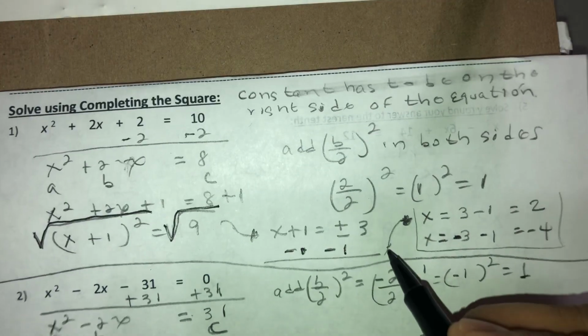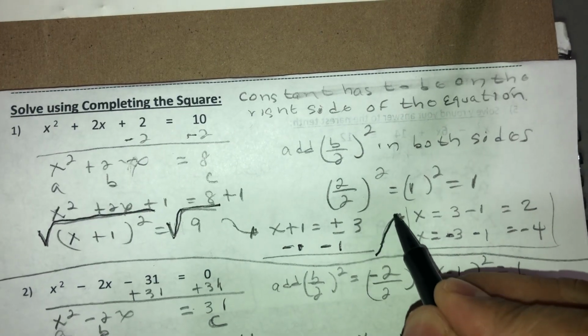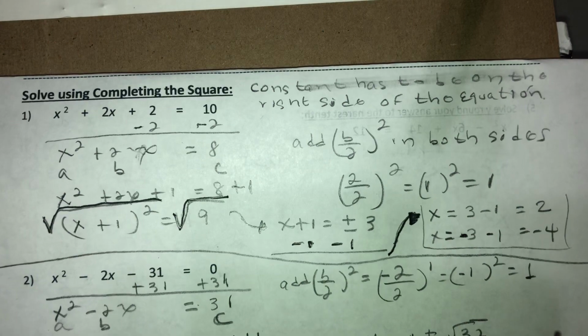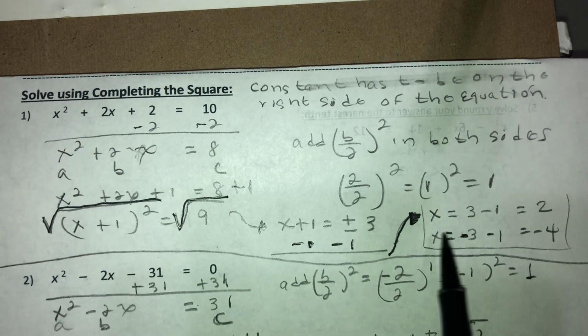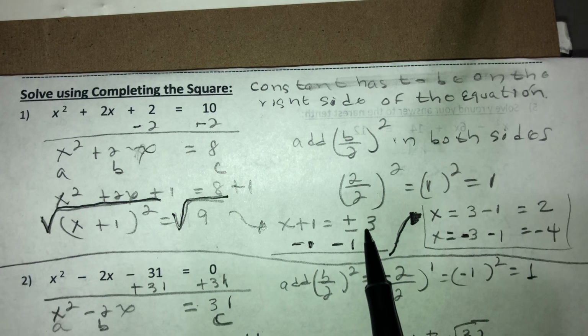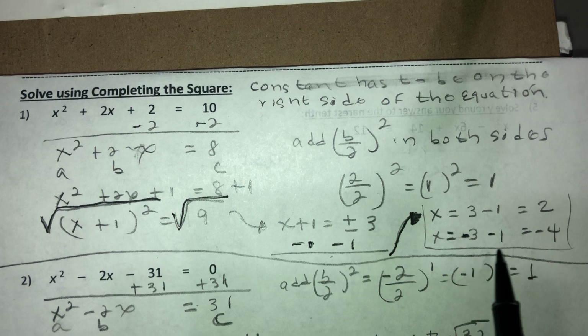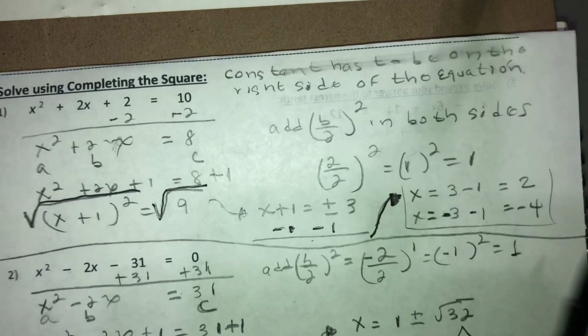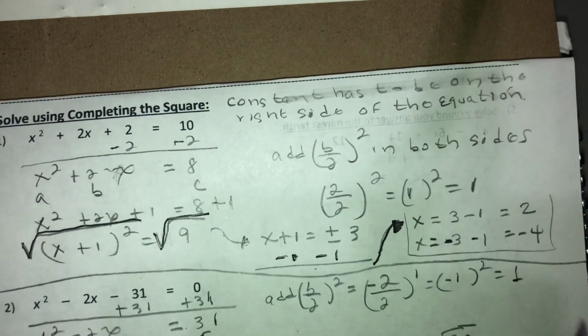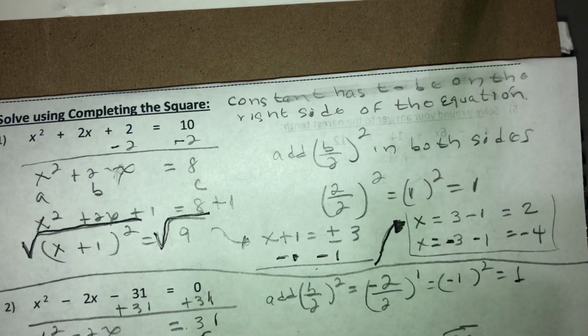And I'm going to continue here because I have enough space. So I will write it separate. I will write x equals the positive root of 3 minus 1, and x, the negative root of 3, which is negative 3 minus 1. And my roots will be 2 and negative 4. So that will be my answer. Okay, 2 and negative 4.